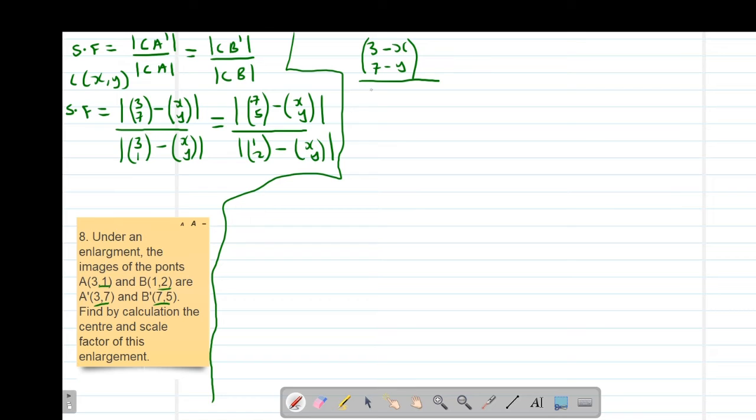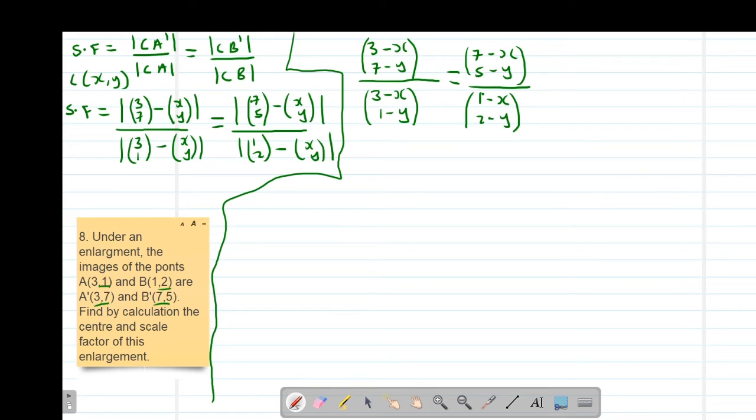So it should be divided by 3 minus x, then of course 1 minus y. So these two should give me 7 minus x, then 5 minus y, then divided by the second part, I'll have 1 minus x, then 2 minus y.